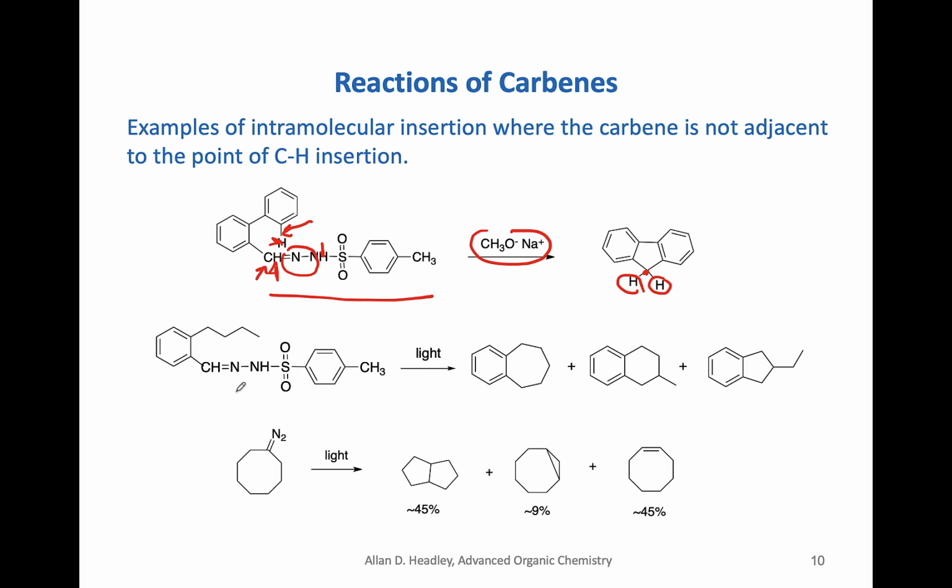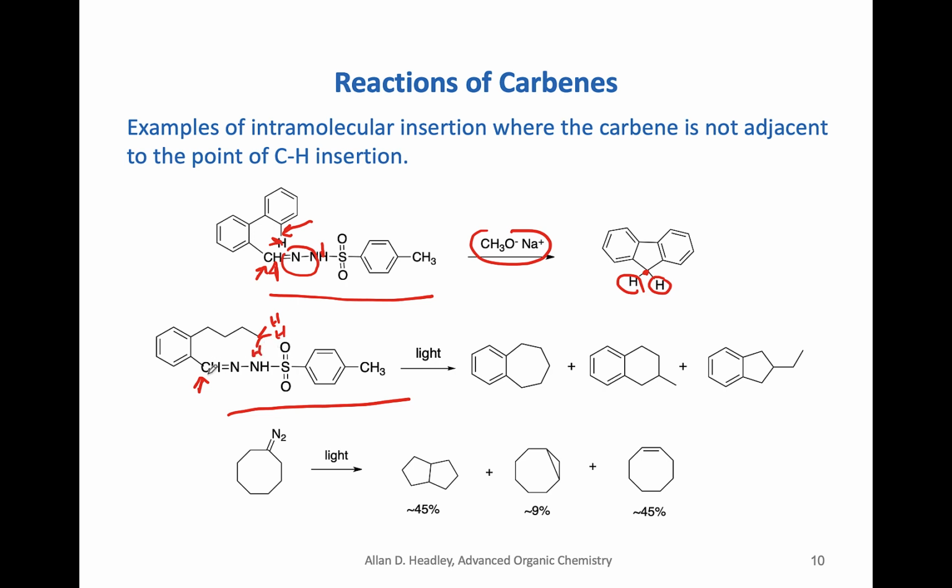Let's look at this example here. Same type, tosyl. In this case we have light, creating nitrogen coming off. So we can expect the carbene to be right here. Let's see what should happen though. So here we have CH3s, H's, H's, and 3 H's.